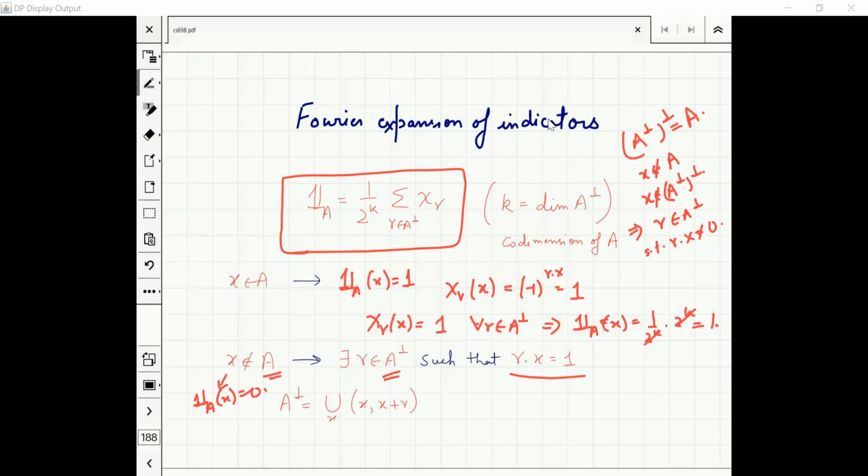This is something which will happen in R to the power n also. This is just the vector space facts which we use, here in F2 to the power n. In R to the power n, it would be gamma dot x is non-zero.